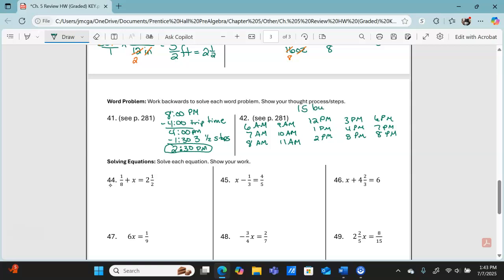We have 15 buses. So there's 15 hours between 6 and 8 p.m.